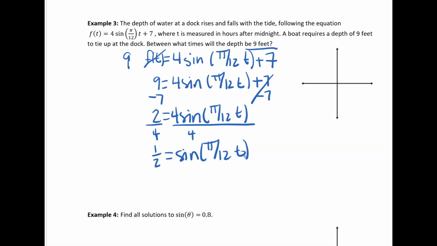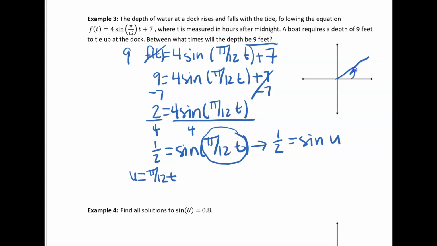Now, I'm not sure where pi over 12t is equal to 1/2. But what I do know is, let me create another letter and let's let u equal pi over 12t. So let's consider 1/2, and I'm going to sub this whole thing for u, is equal to sine of u. We do know where our sine function is equal to 1/2. And so if we were to draw this angle here, where is 1/2 going to be in our sine?